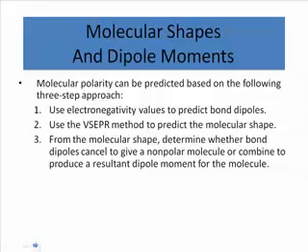So we can predict the polarity of the molecule. We look at the electronegativity values to see if the individual bonds have dipoles. Then we look at the shape, and from the shape we determine whether these dipoles will cancel or not, to produce a dipole for the whole molecule, or to make the molecule polar.